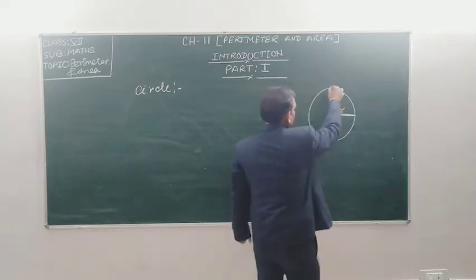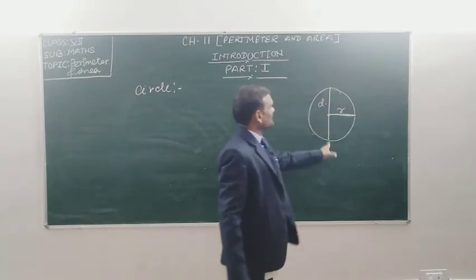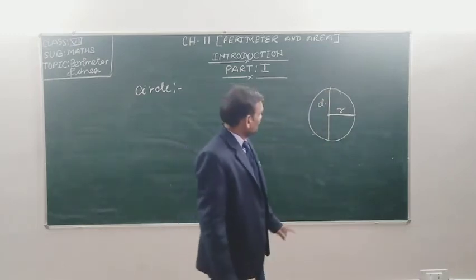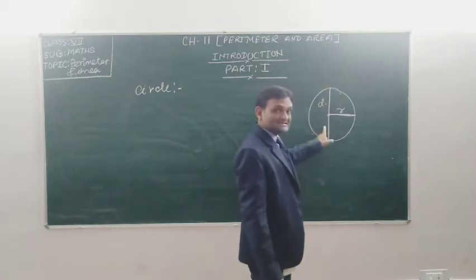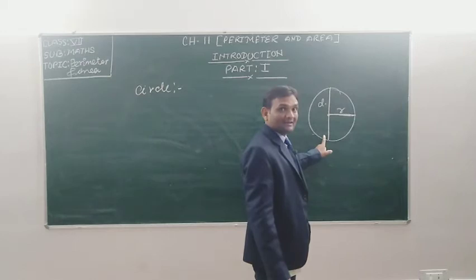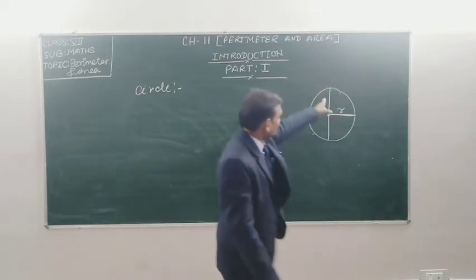And this is diameter. This is the diameter of the circle. Diameter is a line segment which goes from the center of the circle and meets at 2 points on the circumference of the circle. That is the diameter.